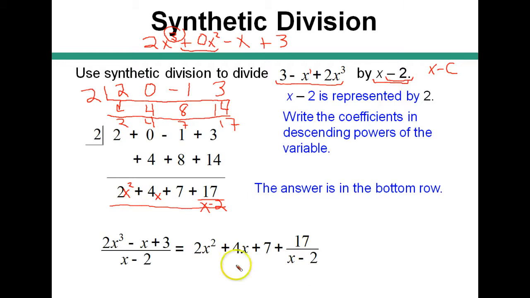Okay? Now, if you did this by long division, you would end up with this as well. In a way, this is shorter, and many of you haven't seen this before, but with practice, you will be needing this in your later courses.